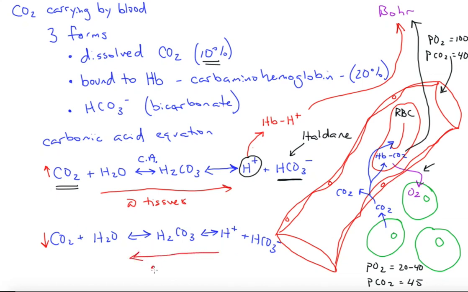So this would be at the lungs. And so now the bicarbonate content is going down, the CO2 content is rising, but remember we're exhaling it, so we're reconverting our bicarbonate into CO2 so it can be exhaled.